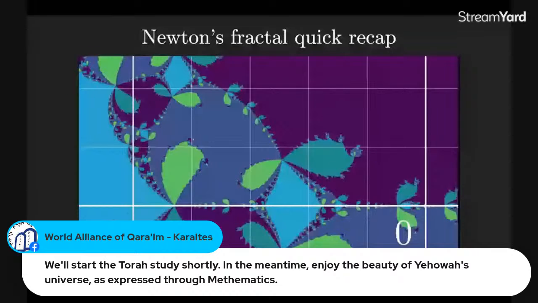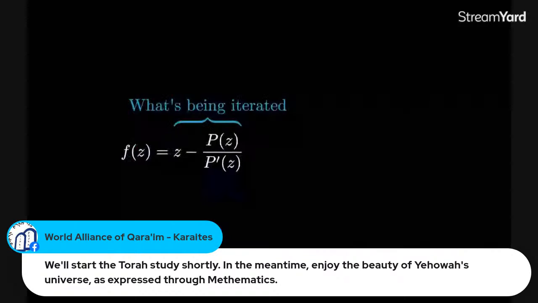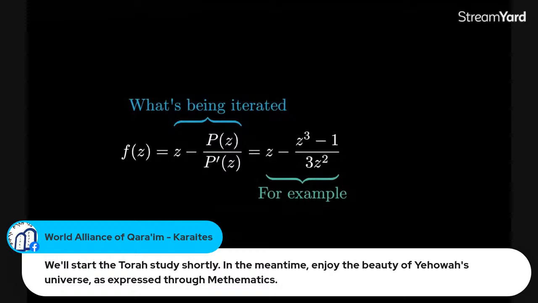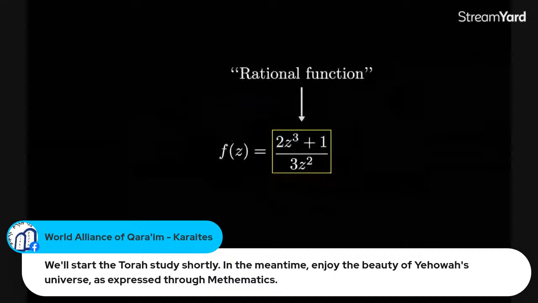Now in this example, if you look at the function that we're actually iterating, say for some specific choice of a polynomial, like z cubed minus 1, you can rewrite them to look like one polynomial divided by another. Mathematicians call these kinds of functions rational functions. Since they arose from Newton's method, you could reasonably ask what happens when you iterate any other rational function.